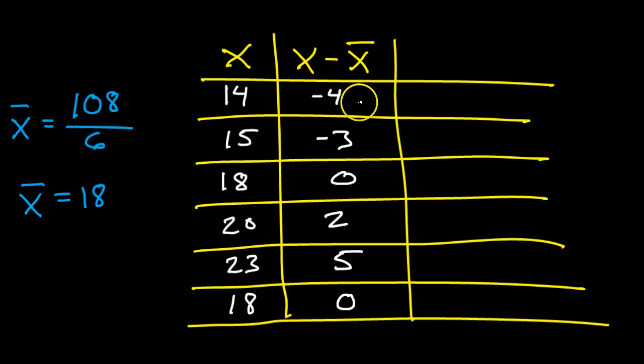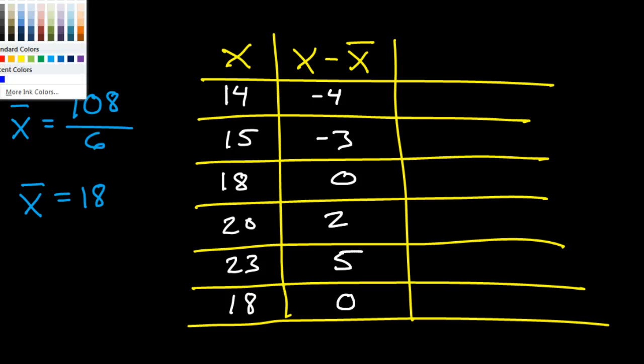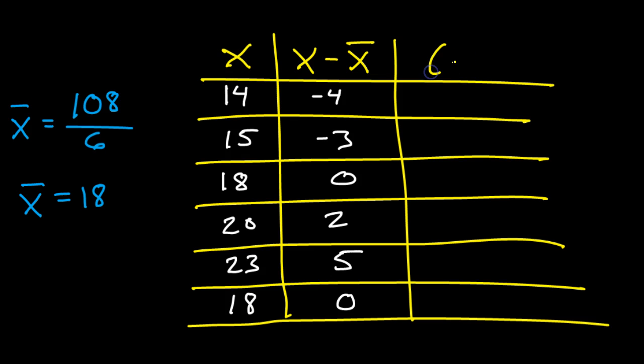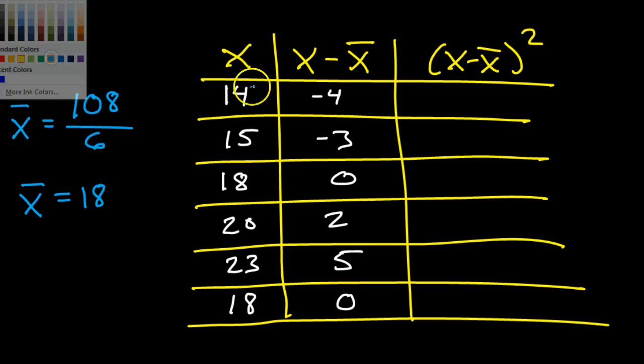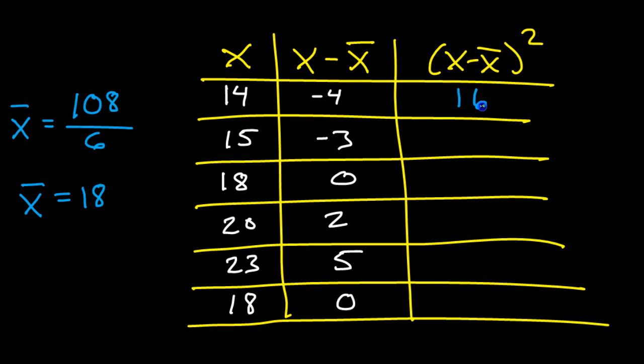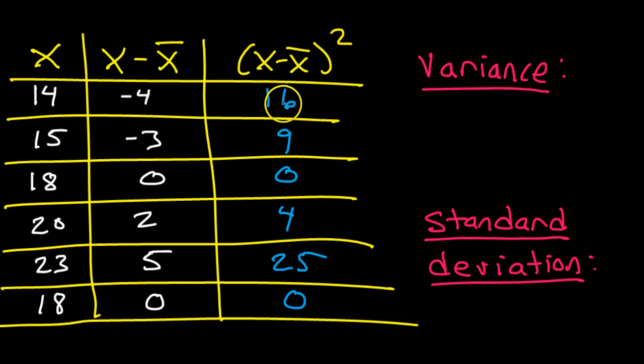You find all the differences, and then you square them. If I do that, I get 16 and 9 and 0 and 4 and 25 and 0. Now, if I take the average of these, I get something called the variance.